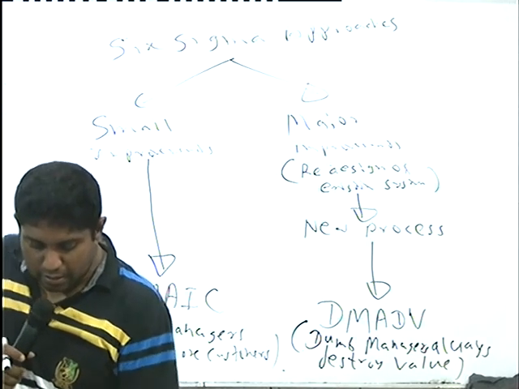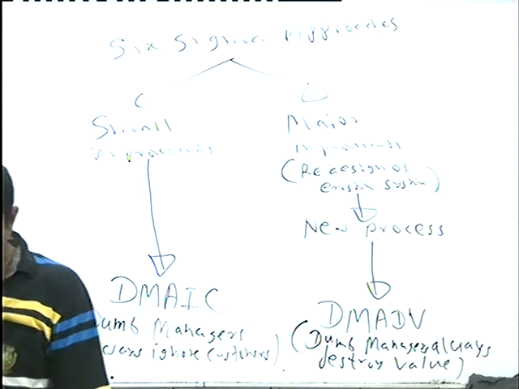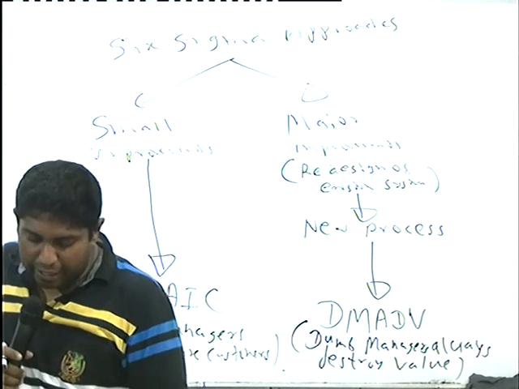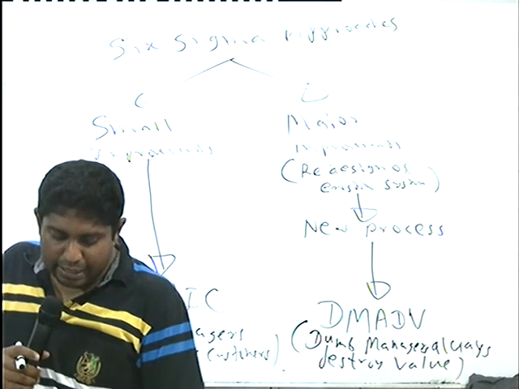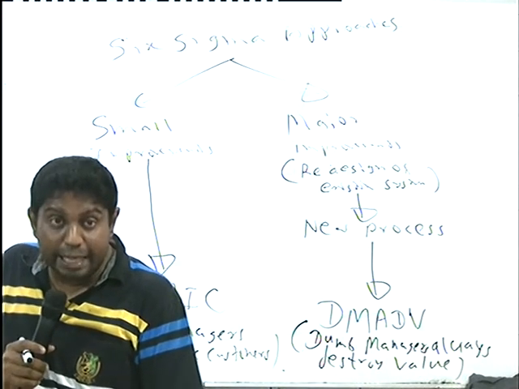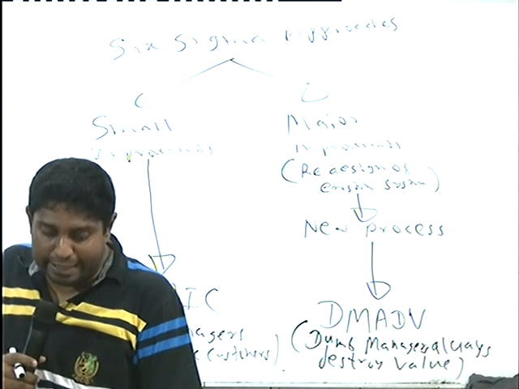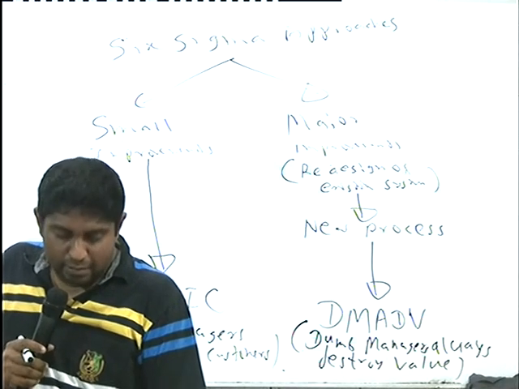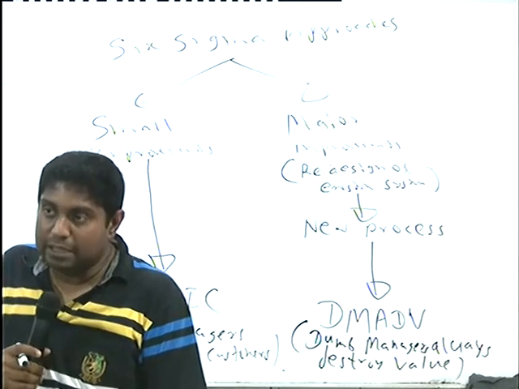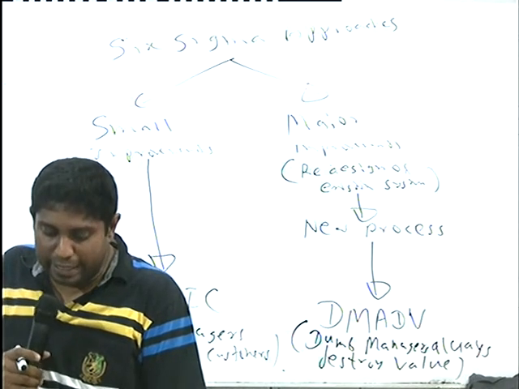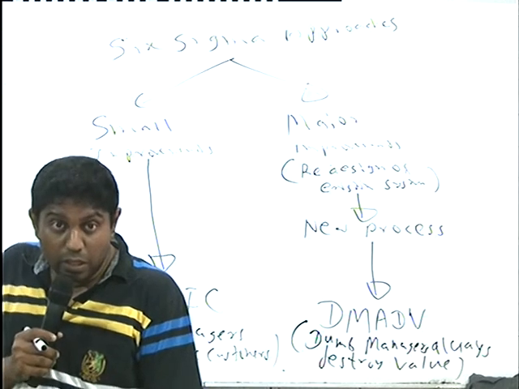Right. Then the Six Sigma approach to making incremental improvement in existing processes has 5 steps, known as DMAIC. I remember DMAIC through a statement. The statement I have used is "dumb managers always ignore customers."